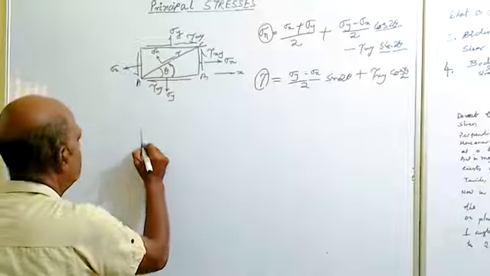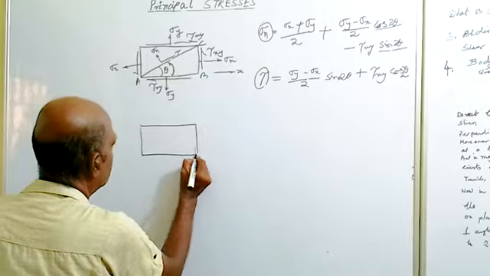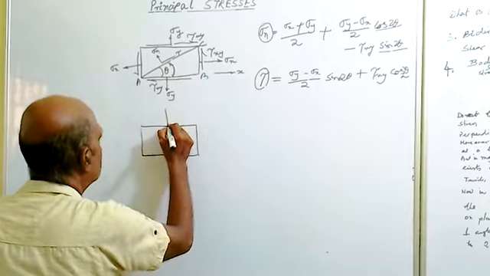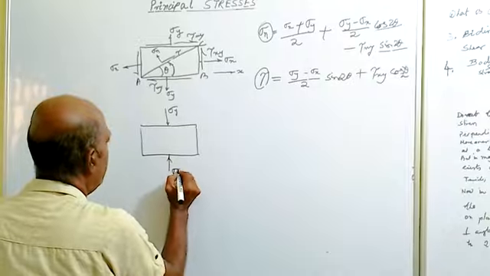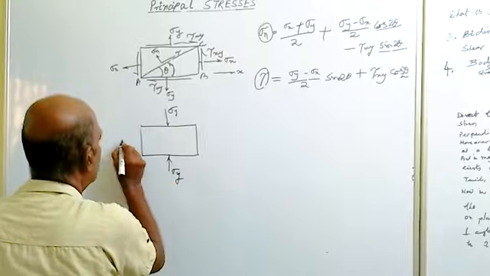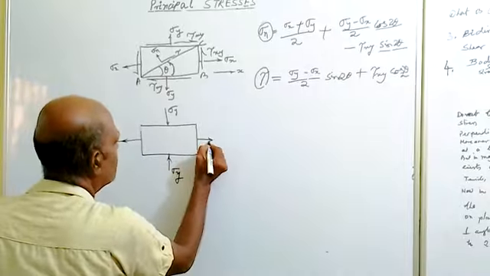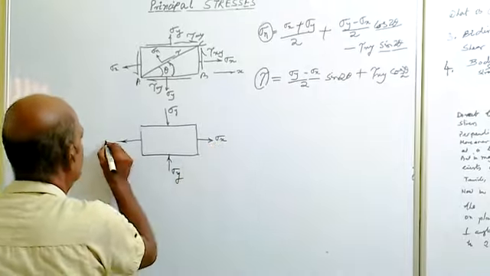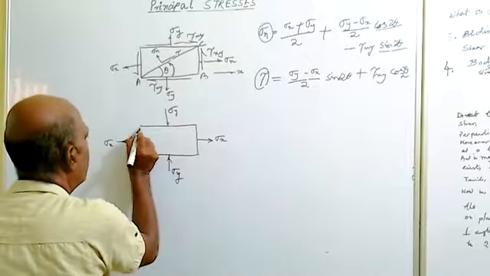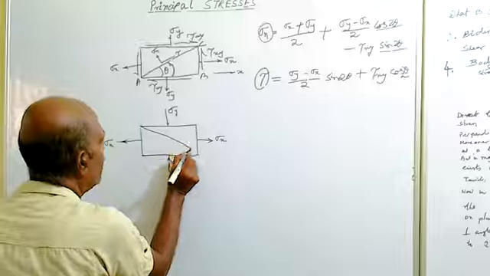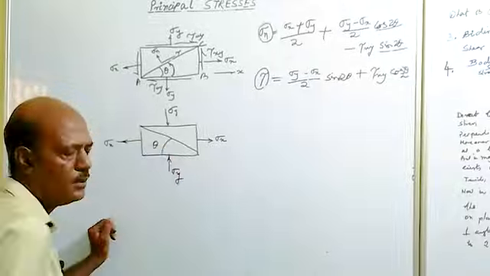Say this is the case in which sigma y is compressive stress and sigma x is tensile stress, and also the angle made by the inclined plane with x direction in clockwise sense is theta.